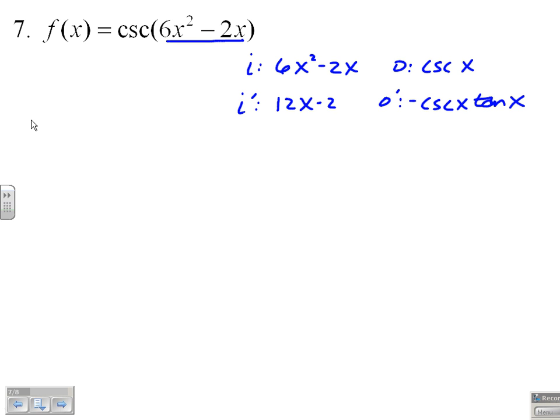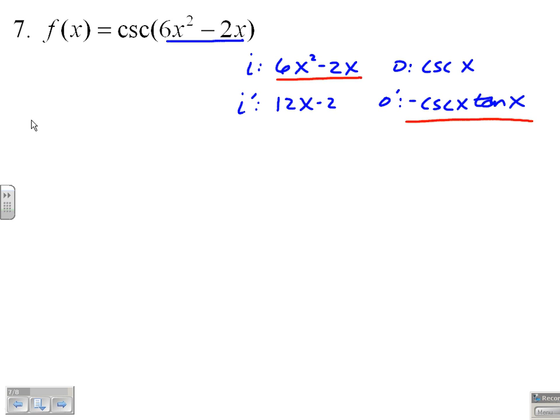Okay. So, as we learned back on problem number 6 prior to this one, the rule for the chain rule process, when we can decompose functions like this, is we want the outside derivative of the inside function.